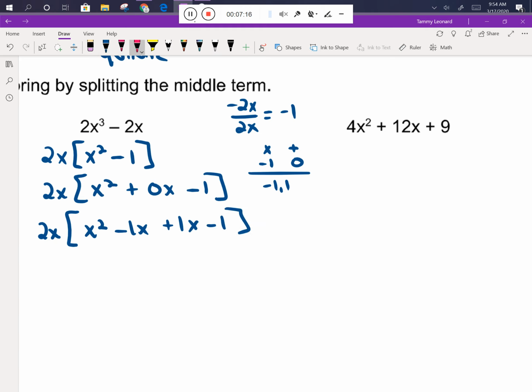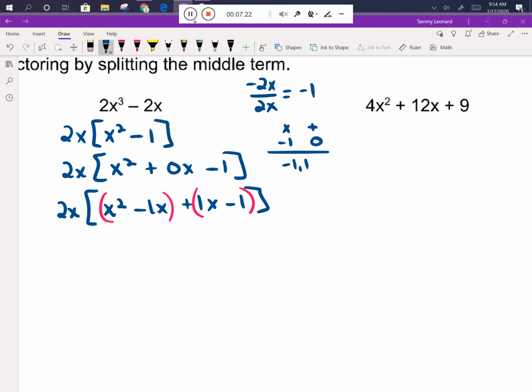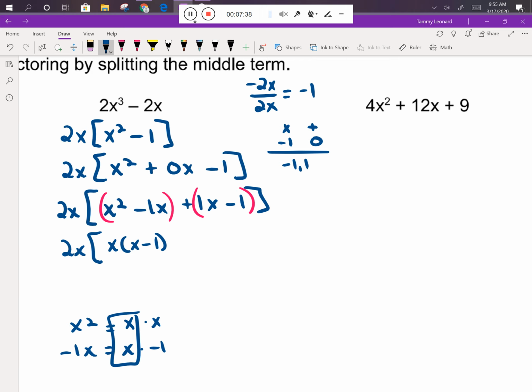And now I can group just as we've done in all the other problems. I make 2 binomials, and I look for GCFs on each of the pairs. So I've got an x squared and a negative 1x. Well, they have an x in common, and the top needs to multiply by an x, while the bottom needs to multiply by a negative 1. So we'll factor out the x that they have in common and leave an x minus 1 behind.